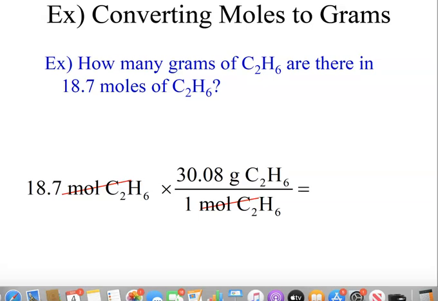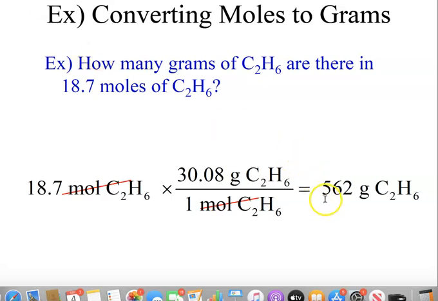The unit you want to get into goes on the top. The unit you want to cancel out goes on the bottom. So in the next step, we get 562 grams of C2H6.